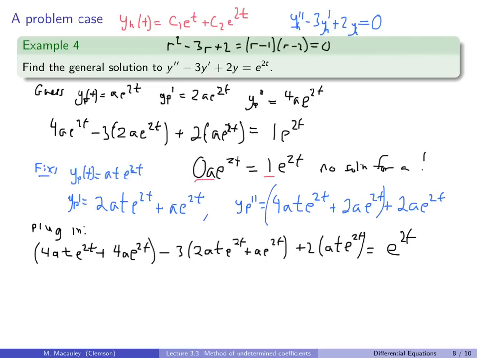It's not clear that that's going to work, but this is one of those things, like we've seen in a few situations in the past, like variation of parameters, when things massively canceled. And that's in fact why this guess works.